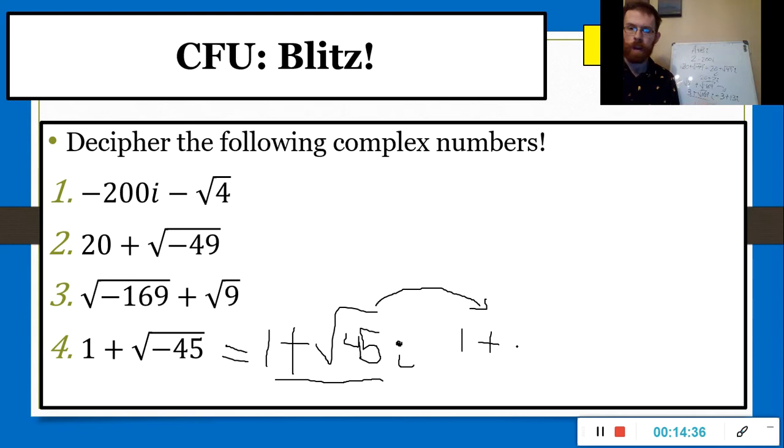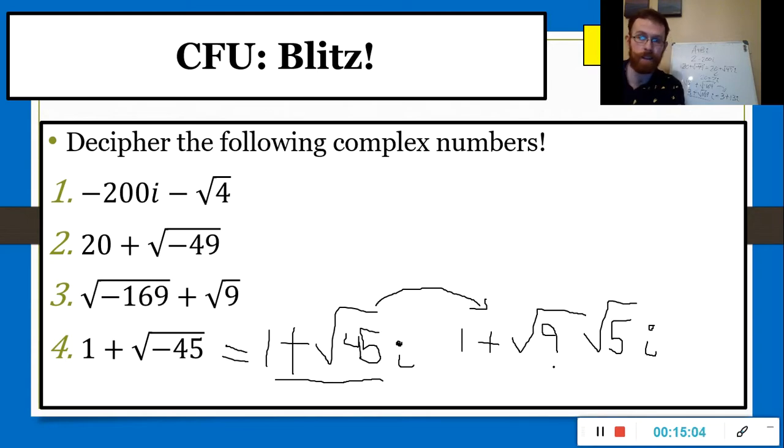The only one of those that divides 45, besides 1, is 9. Now, what's 45 divided by 9? It's 5. So I can say that's the square root of 9 times the square root of 5, i.